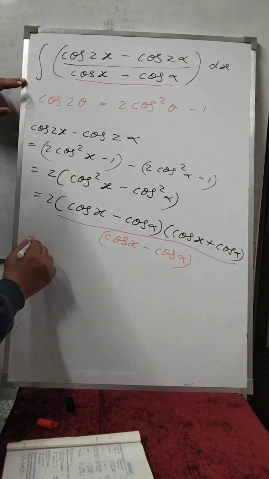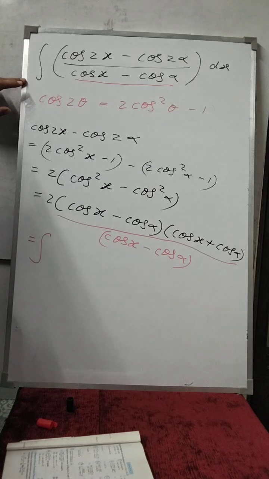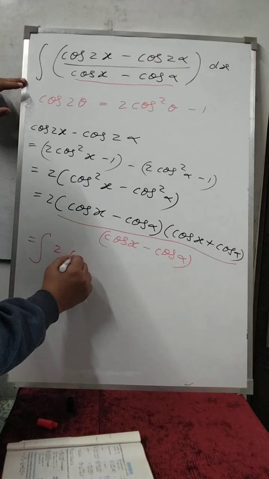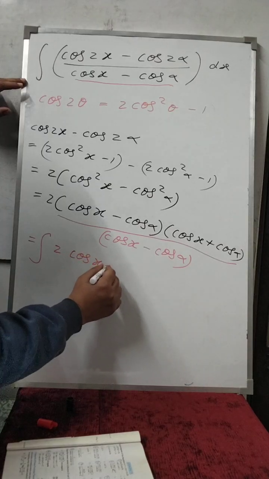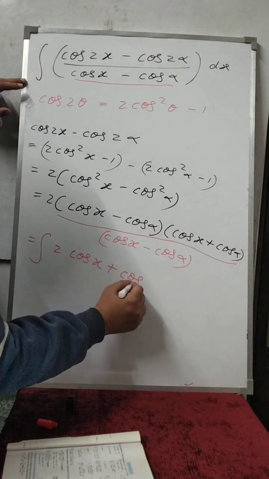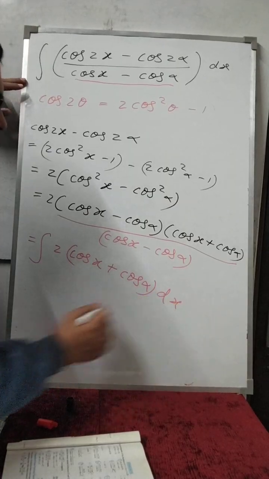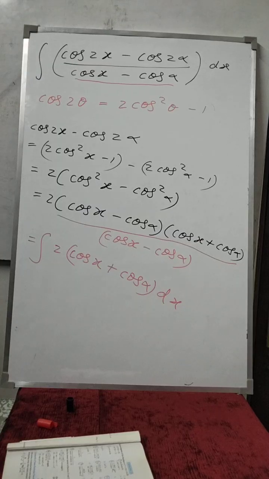So what I will get in my question will reduce to twice of cos x plus cos alpha, and remember guys, alpha is a constant. Okay, so x is the variable.